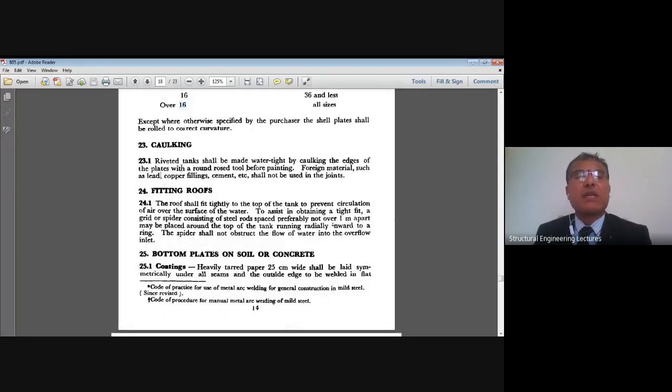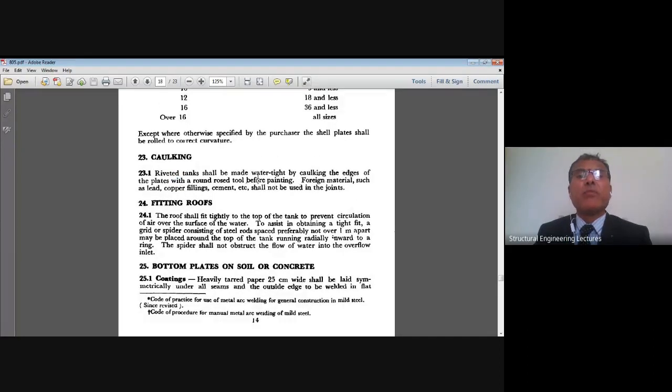And next, code says that caulking should be done. Caulking is a process where we need to make the joint watertight at the edges of the plates with a round nosed tool before painting, so that water will not leak.